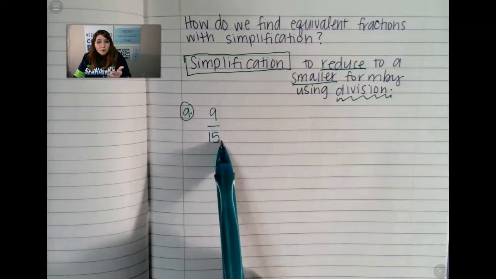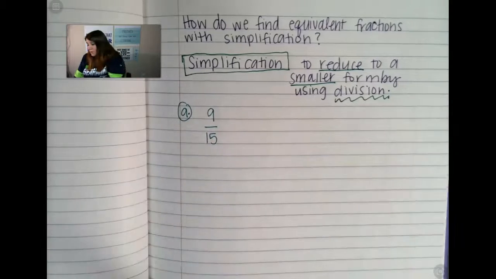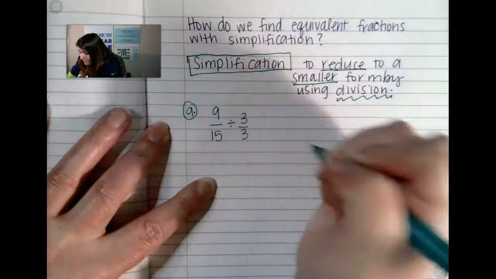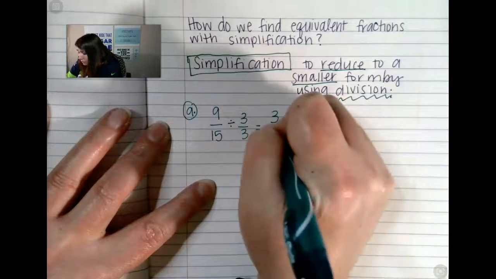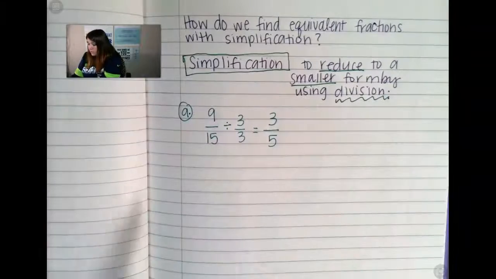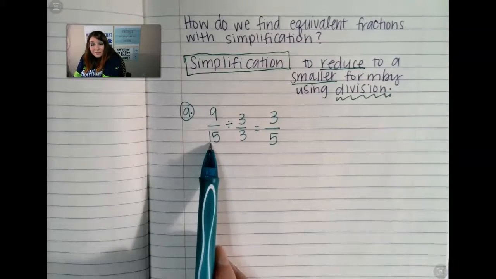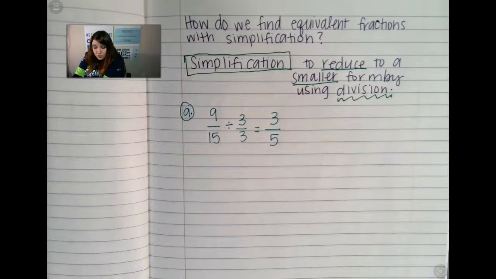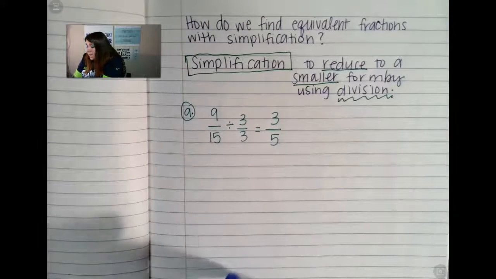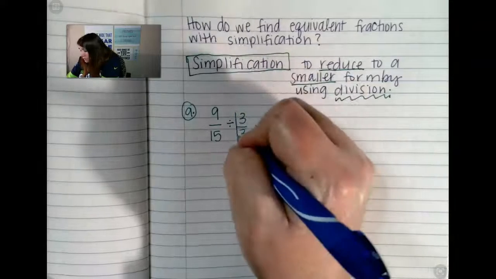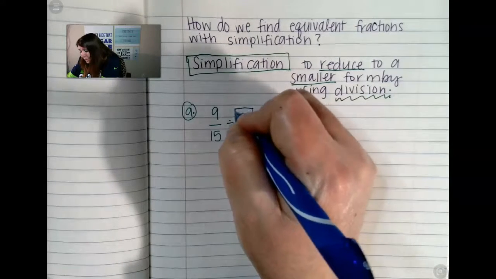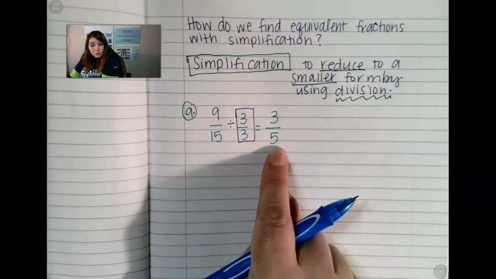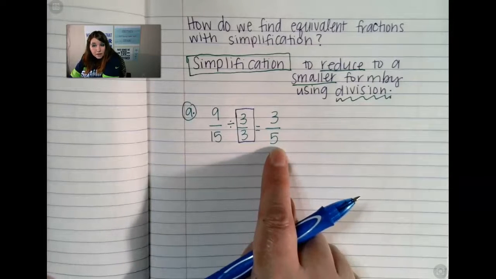I also know that 3 goes into 15. So if I divide by 3 over 3, I will get 3/5. That tells me that 9/15 and 3/5 are equivalent to each other. In this case, I used 3 over 3 to make this smaller. I reduced it down. I simplified it.